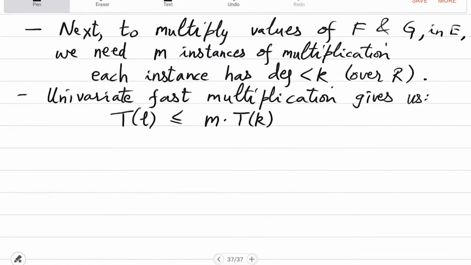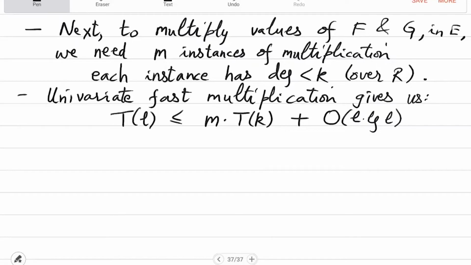And what is the overhead? Overhead is the DFT part, that is L log L. Yeah, so this is the recurrence for the final time complexity of multiplying 2 polynomials over R of degree L.